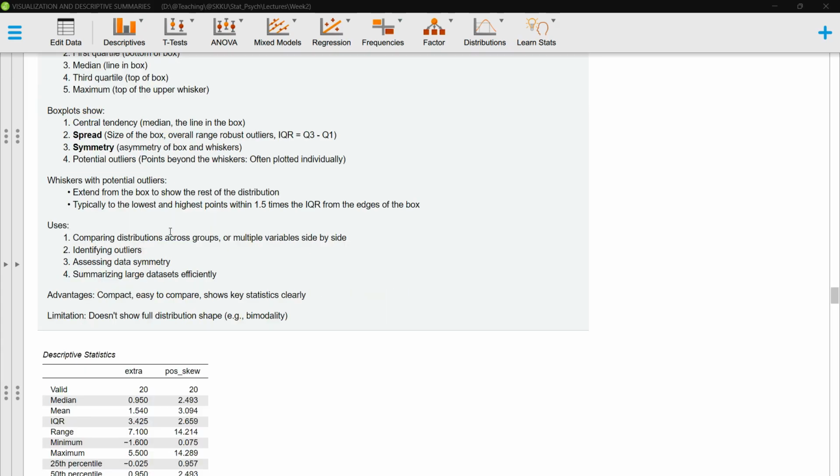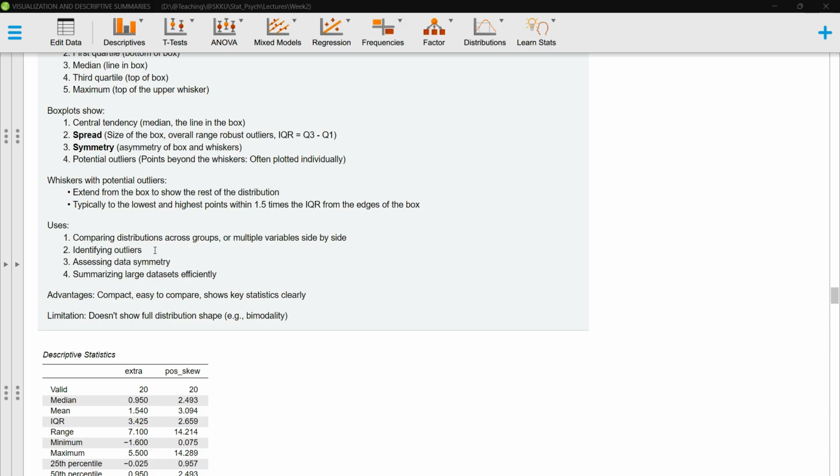Okay, this is a pretty useful method of comparison of different types of variables. And the second usage is identifying the outliers. We have different definitions of outliers, but one most widely used definition is based on the box plot or the IQR range. So 1.5 times the IQR from the edge of the box is the most widely used definition of outliers.